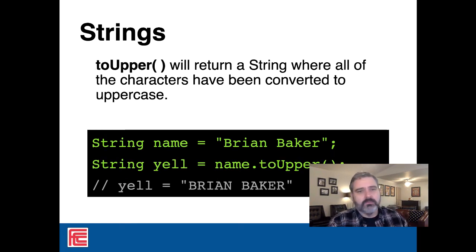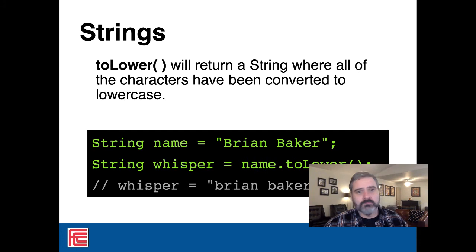To upper will take a string and convert all of the characters to uppercase. To lower does the exact same thing, but to lowercase. These are often really helpful when trying to compare two strings because, I mean, I'm technically Gen X, right? I capitalize words. If you're millennial, you don't.